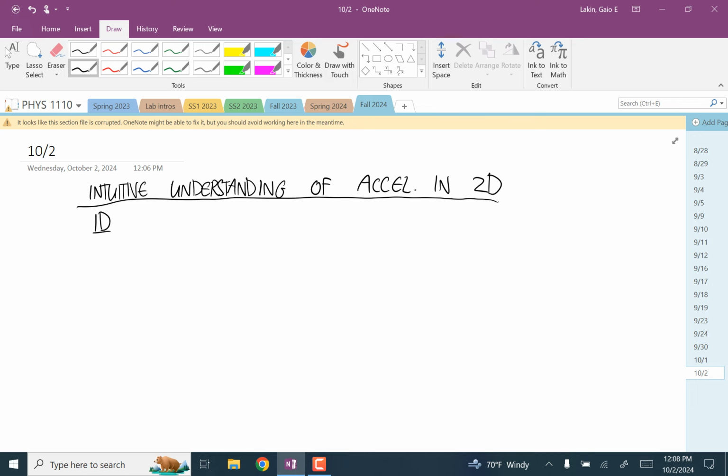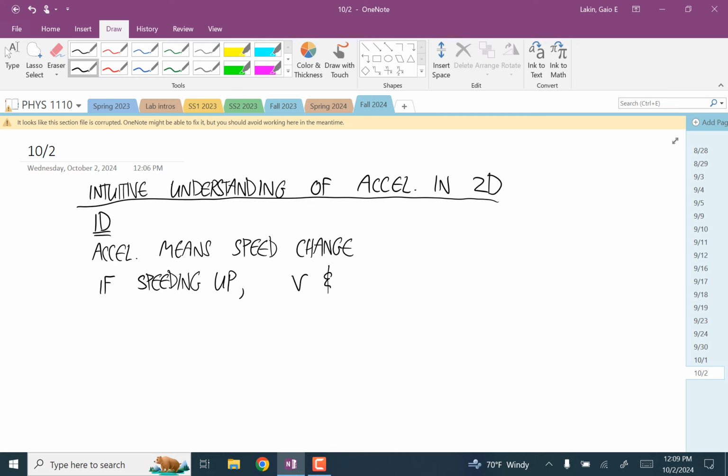So in 1D, acceleration means speed change, and that's the end of it. So if the object is speeding up, the velocity and the acceleration are in the same direction.